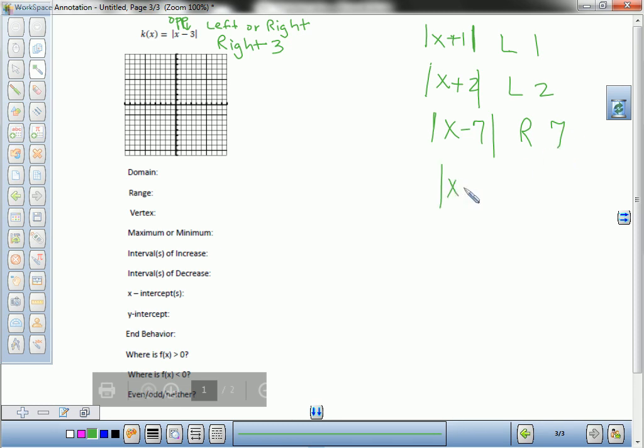If we had this, it would move it right 3. So anything inside with the x, well, x's are left and right. That's how we move left and right. So anything inside the absolute value bars with the x, we do the opposite of it, and that tells us how to move left or right.